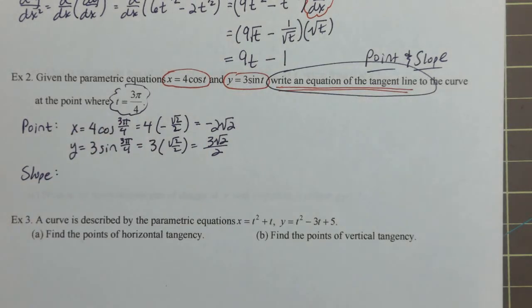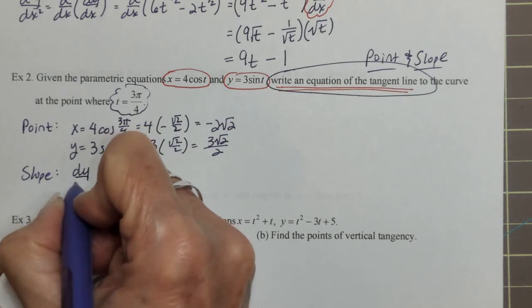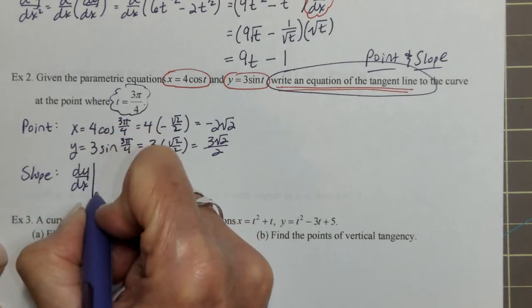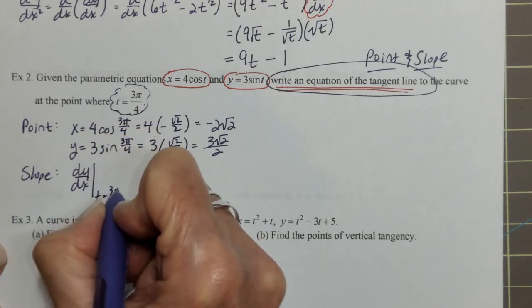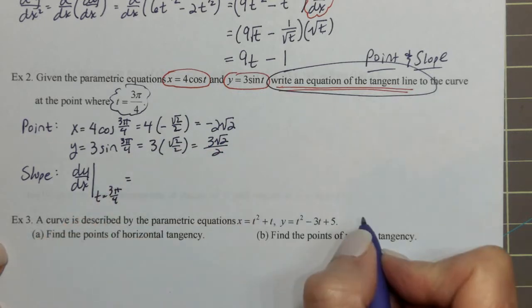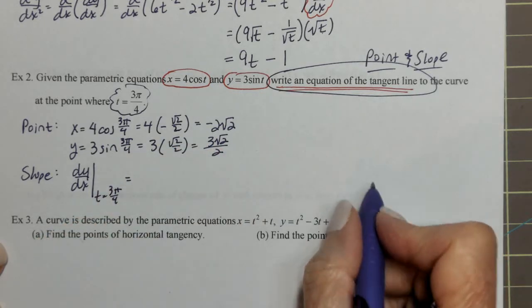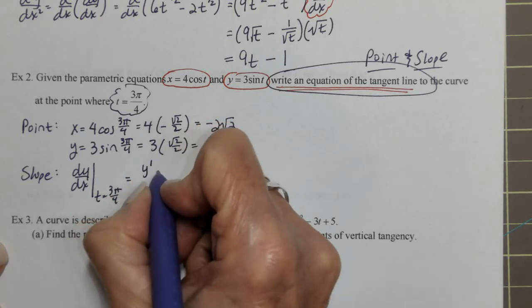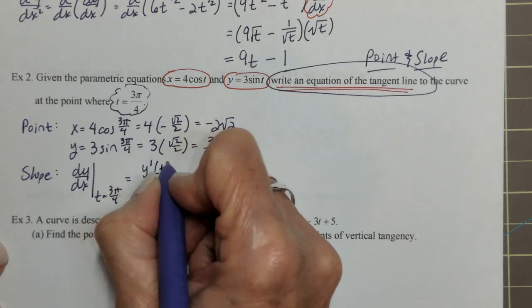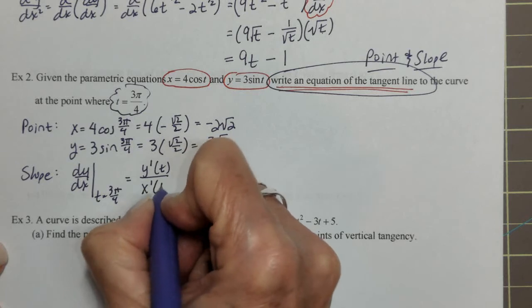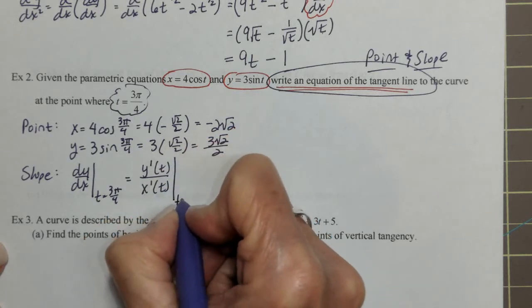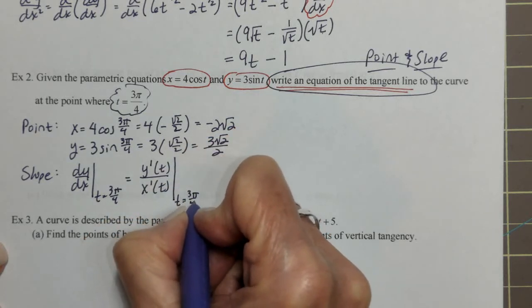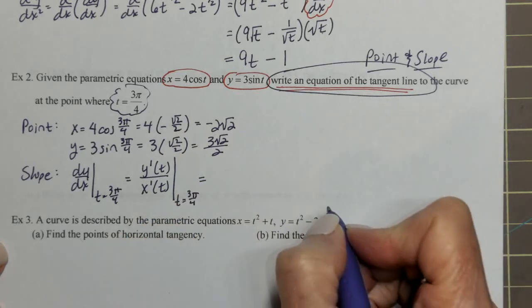Slope. The slope will be dy/dx when time is 3 pi over 4. So I'm going to take y prime and divide it by x prime, and then I'm going to plug in 3 pi over 4 for time.